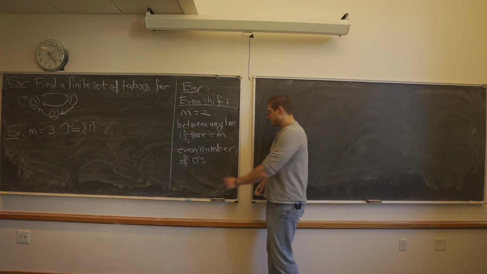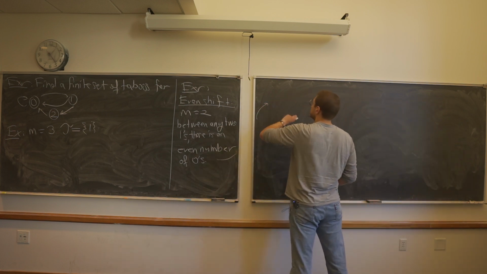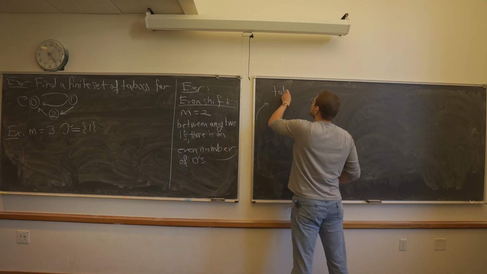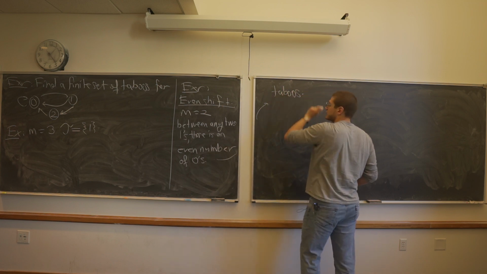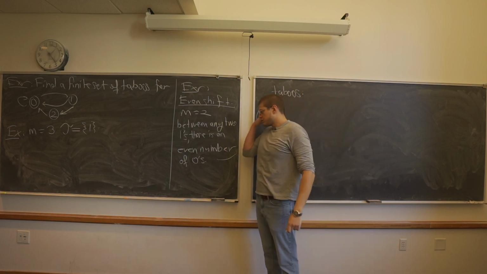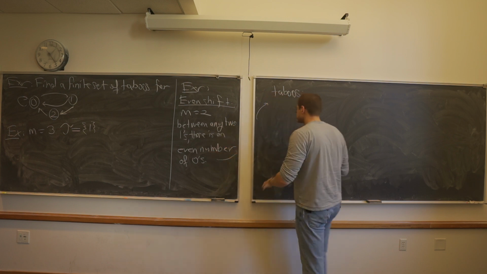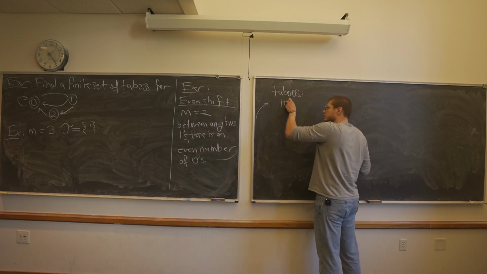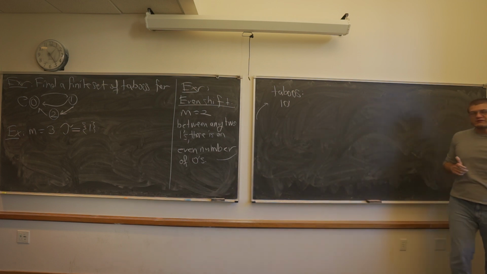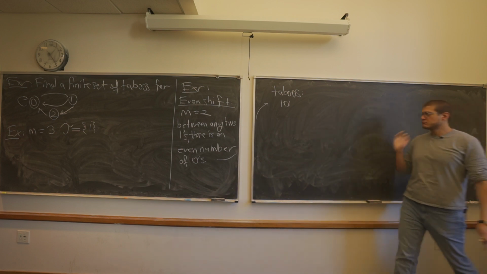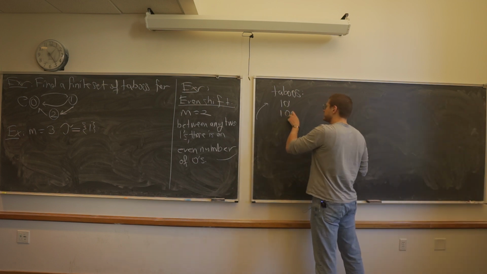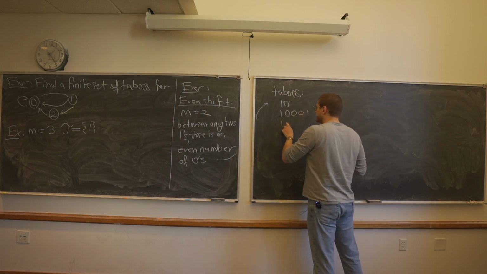Perhaps I should write it here. Between any two 1s, I need an even number of zeros. So this word is verboten because it has a 1 0 1. And so is this. And so is this.